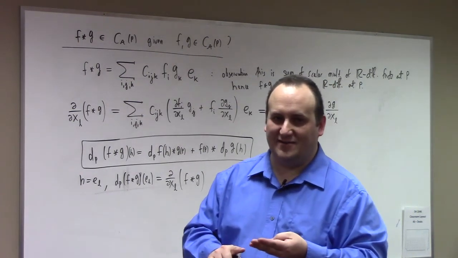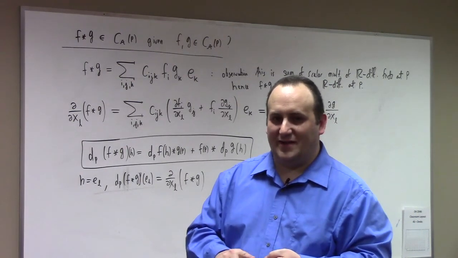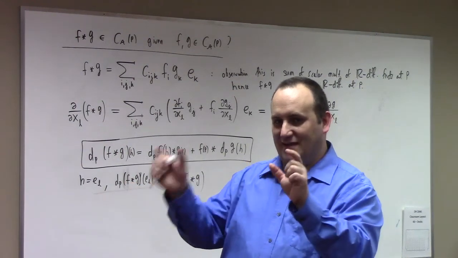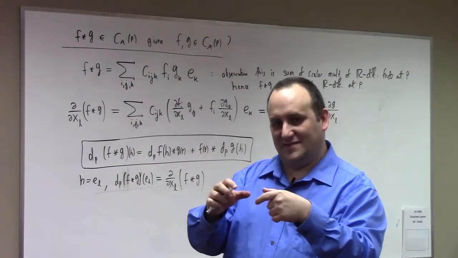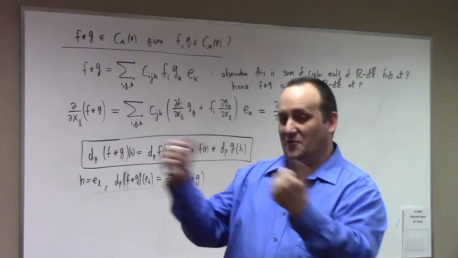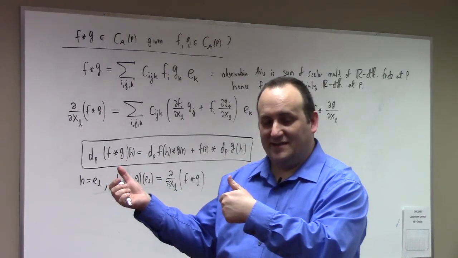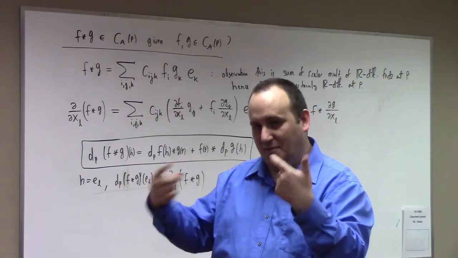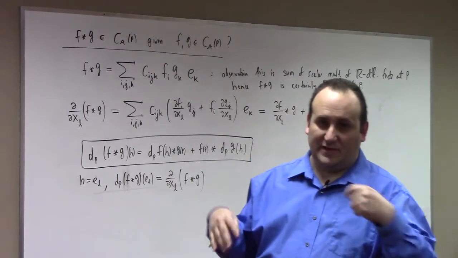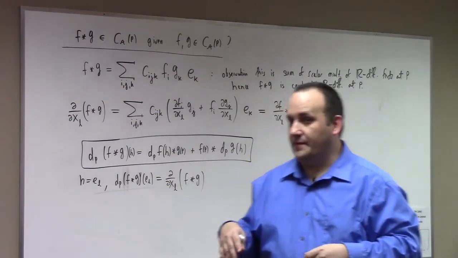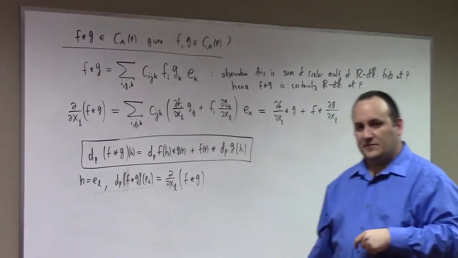And finally I got sick of it and was like, it's always the same stupid argument. Why don't I just say, you got two vector spaces, you got some way of combining them in a bilinear fashion to output a vector space output. If you have that structure and you have component functions, you got a product rule that respects the structure. This is a special case of that really.